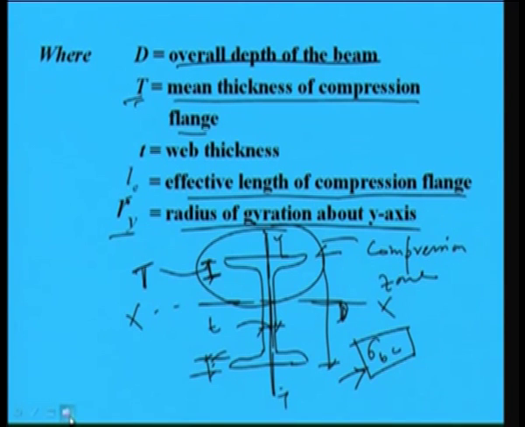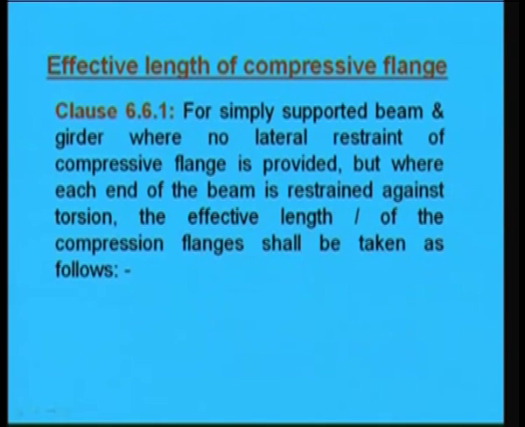Now, to calculate these things, one important thing is required, that is the effective length of the compressive flange. In clause 6.6.1 of IS 800 1984, it has been defined how to calculate the effective length.